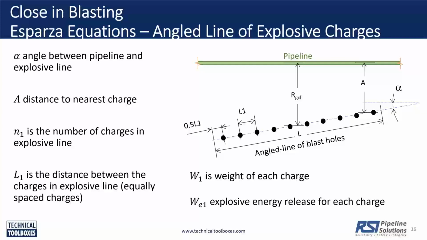If the delay between the explosions is more than 8 milliseconds, you can use the point source. You don't have to use the line source, right? This line source is used only if the time interval is less than 8 milliseconds. All right, next slide, please.